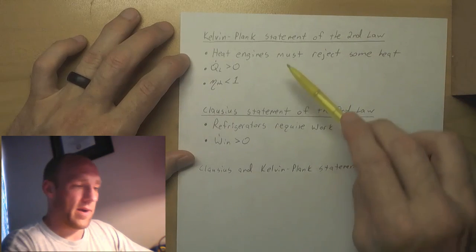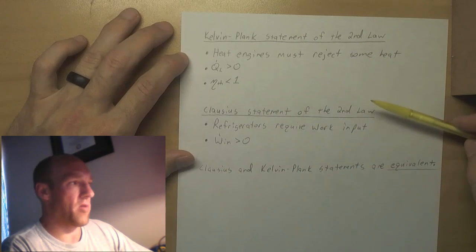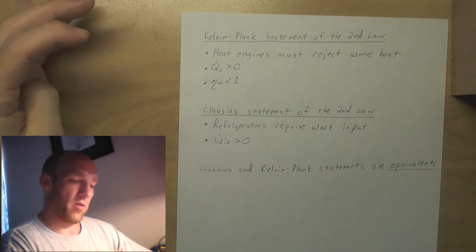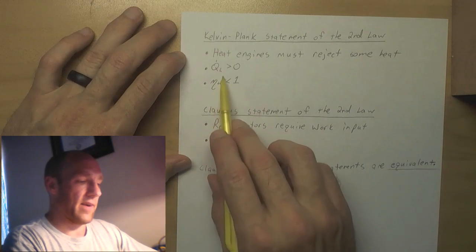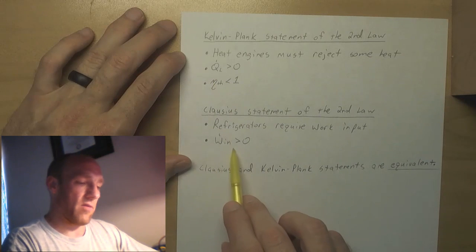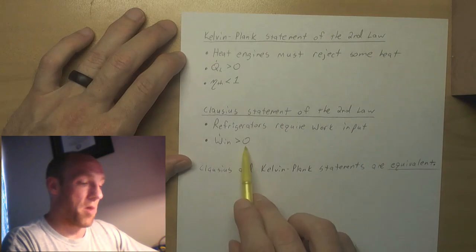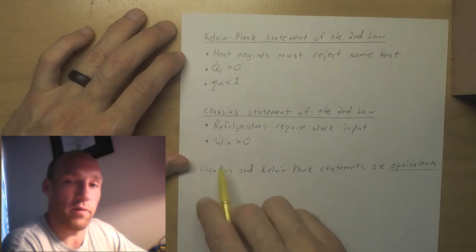And so through simple logic like that, you can see that the two statements are in fact equivalent to one another. It's not terribly important, but the upshot here is that heat engines must reject heat, and refrigerators and heat pumps must have work input.